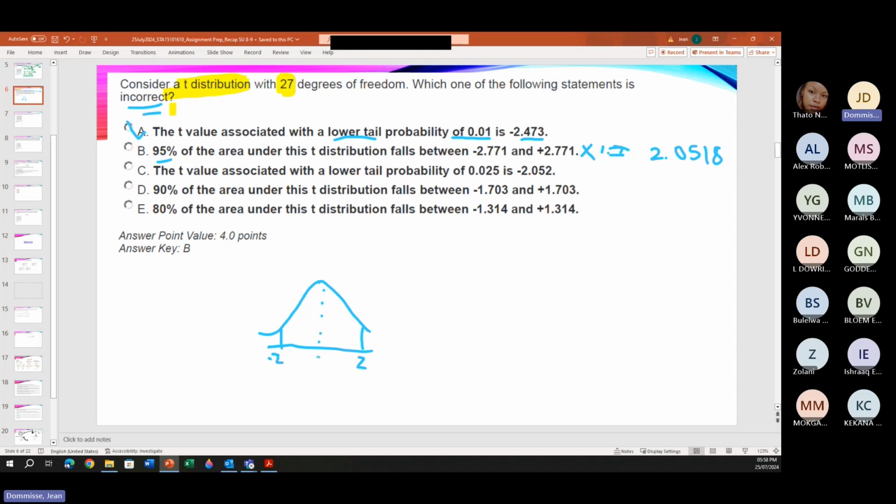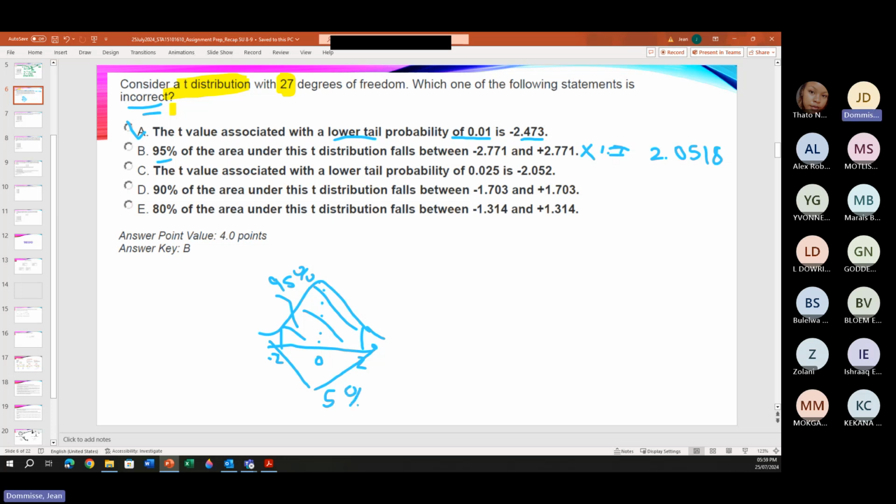So if that was the 0, they told us that this area is 95. We would have done exactly the same to say, okay, well, this area and this area is what is left, is 5%.